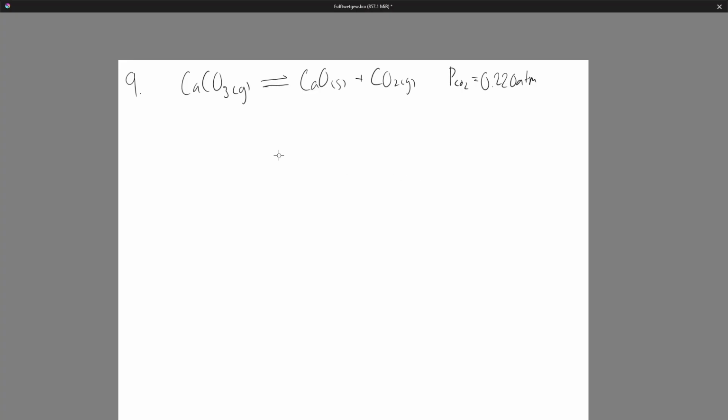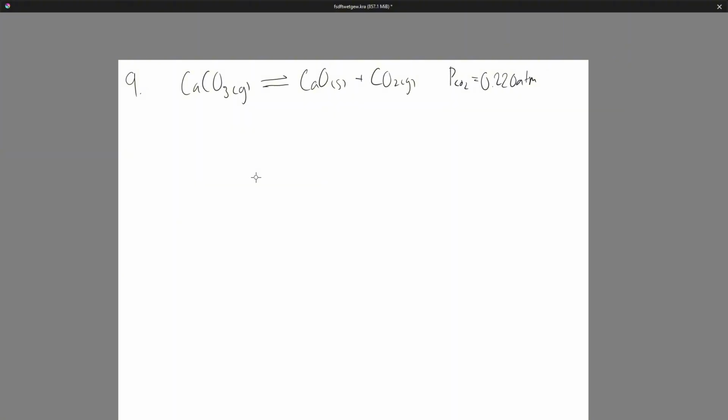Okay, for number 9, this one's kind of trickier. It asks, in a sealed 15.0 liter container heated to 298 degrees Kelvin, 0.150 moles of calcium carbonate and 0.150 moles of calcium oxide are placed, bringing the partial pressure of carbon dioxide to 0.250 atmospheres after equilibrium is reached.